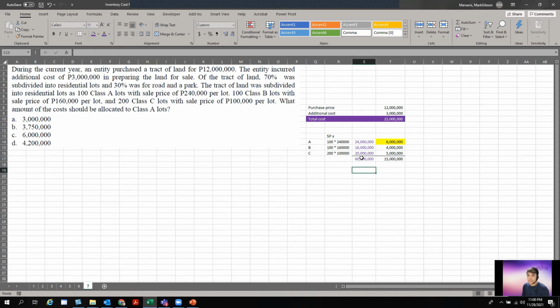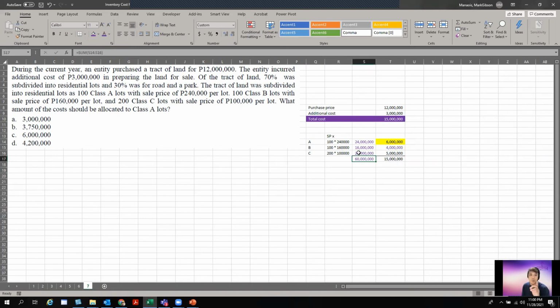24 over 60 multiplied by 15 million, so that's 6 million pesos. Pag kay B naman, so that's 16 over 60 multiplied by 15 million, so that's 4 million pesos. And kay Class C naman, that's 20 over 60. Saan mo nakuha yung 20 over 60?